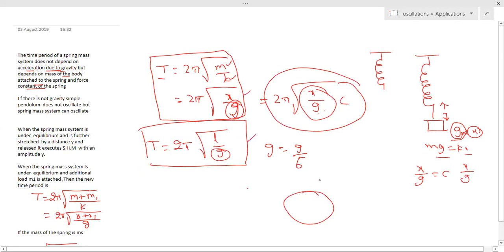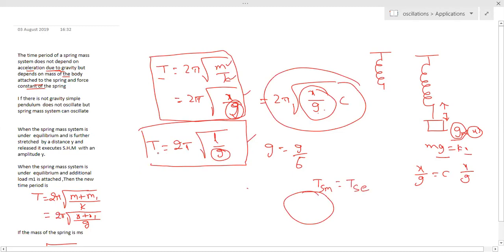Then the time period of oscillation of the spring mass system on the moon will be equal to the time period of oscillation of the spring mass system on Earth.